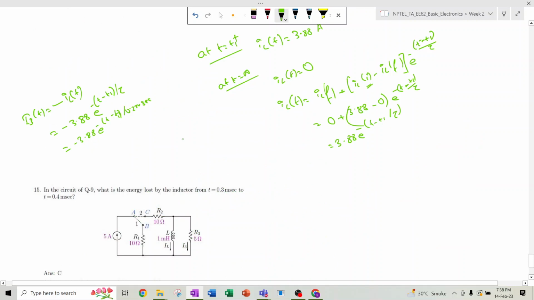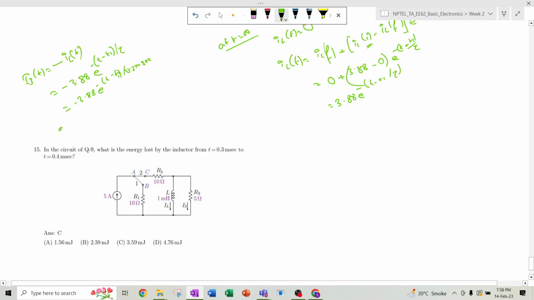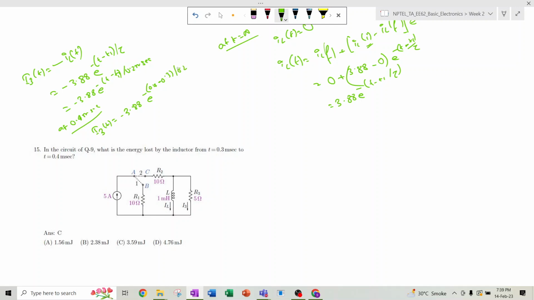Now in the question it is asked what is the value of I3 at t equal to 0.4 millisecond. At 0.4 millisecond, I3(t) will be minus 3.88 e to the power minus (0.4 minus t1), which is 0.3 millisecond, by 0.2 millisecond. What is the value coming? Minus 3.88 e to the power minus 0.1 by 0.2.